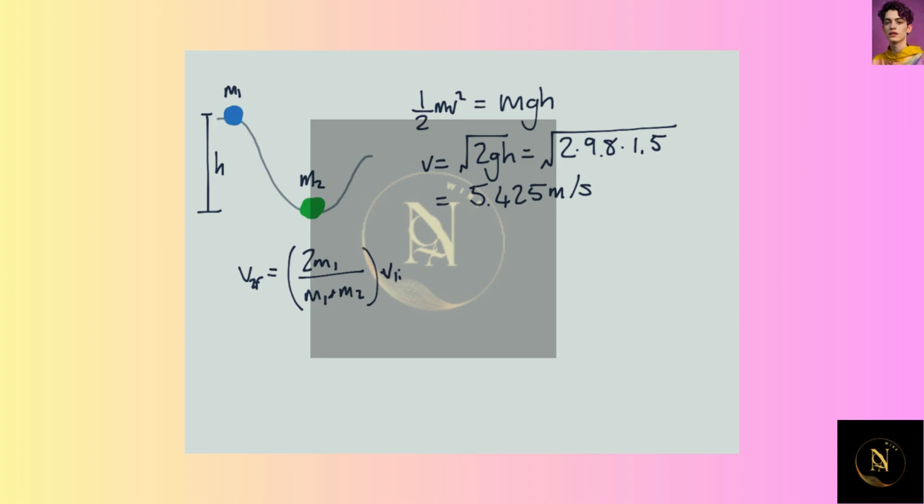Remember that the initial speed of the second ball, the green ball, was 0, so this is all we need to do. And then we can plug in our information, because we already know v1i from the previous section.